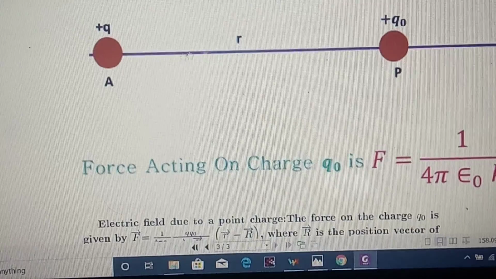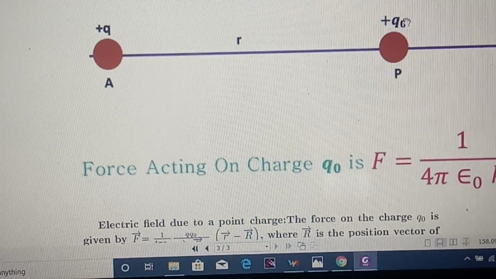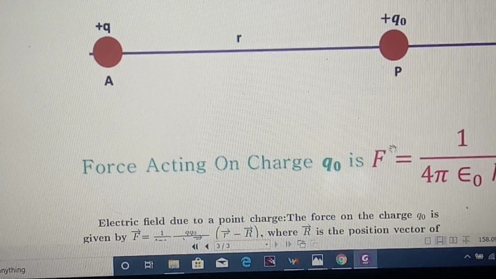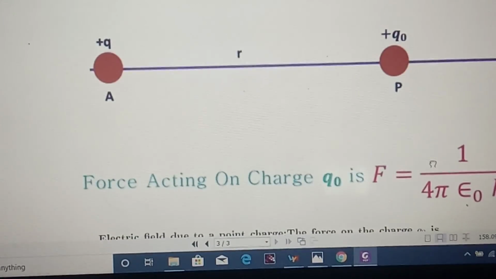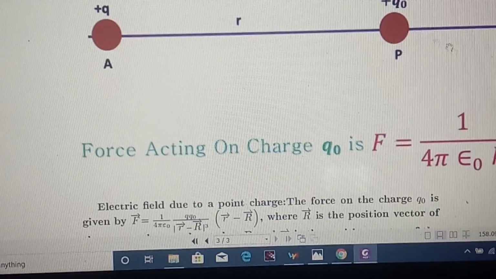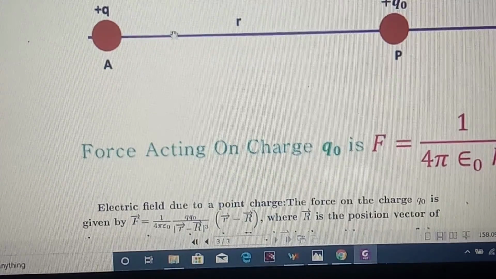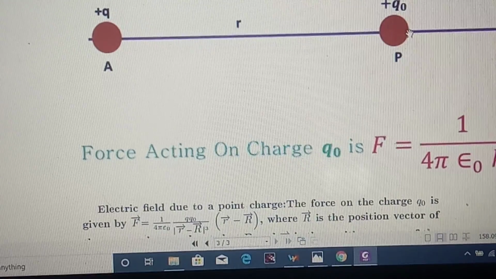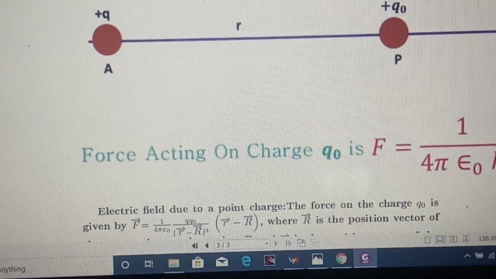So here the force experienced by the test charge is given by this expression, and the force is directed along this line.